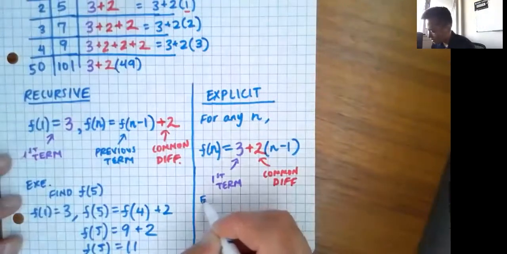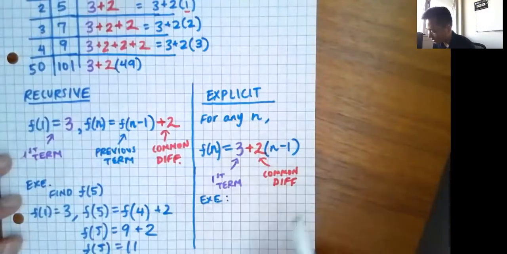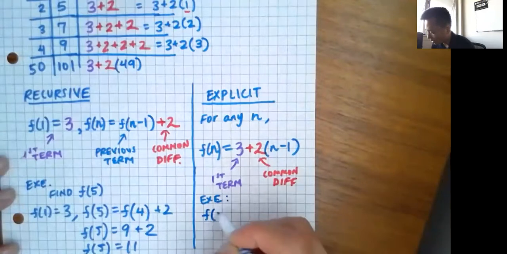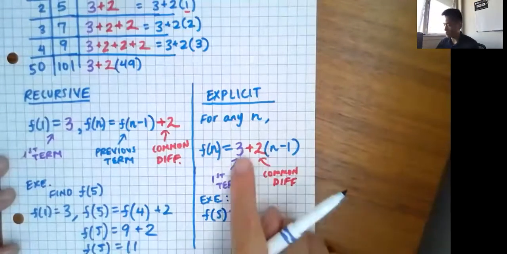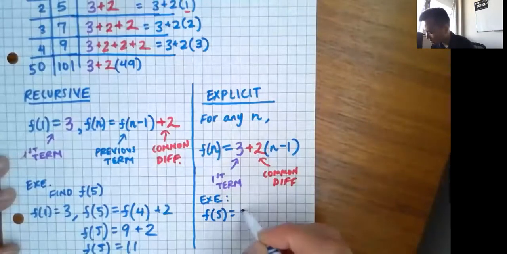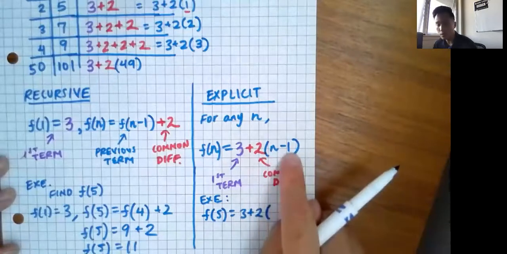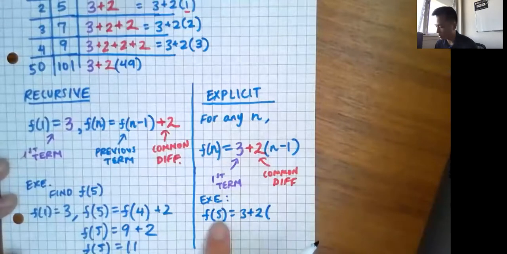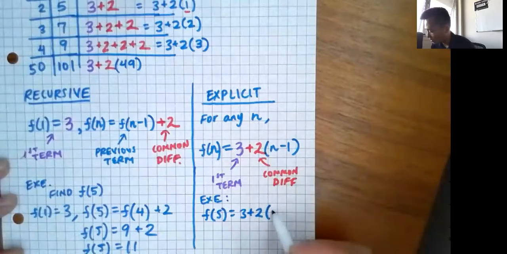Let's do that same example using the explicit formula. So if I wanted f of 5 using this right here, it would be first term of 3 plus 2 times n minus 1. n is 5, remember, we're looking for the 5th term in the sequence. So 5 minus 1.